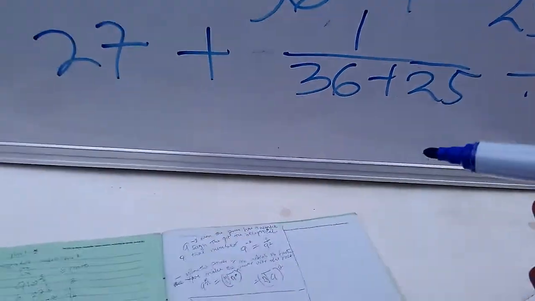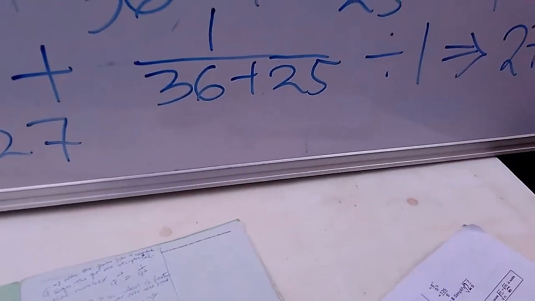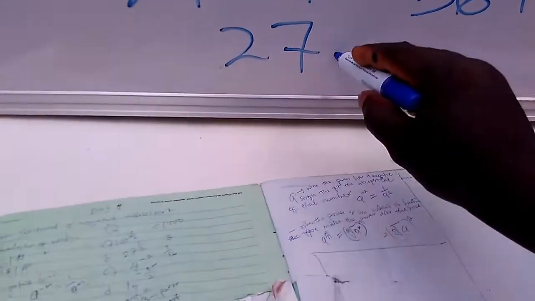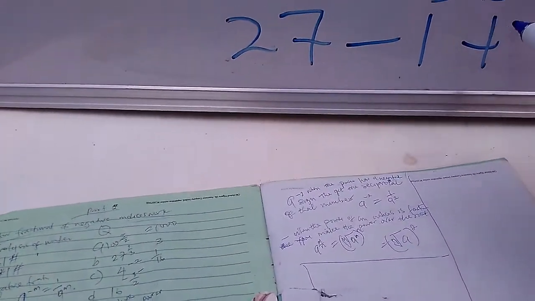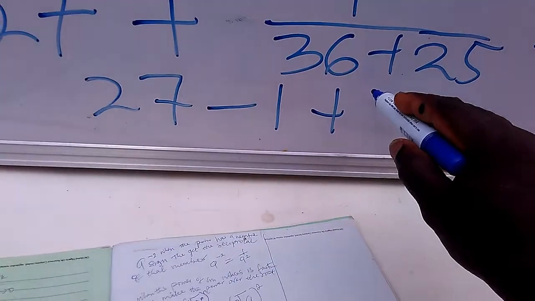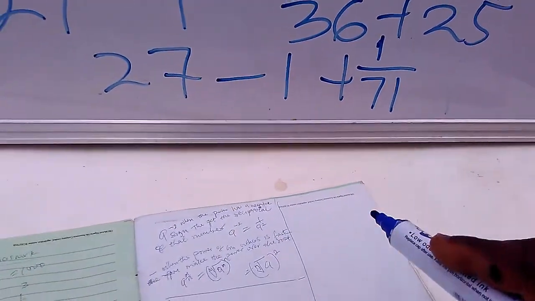We can now solve it like this: 27 minus 1 plus 1 all over 71.